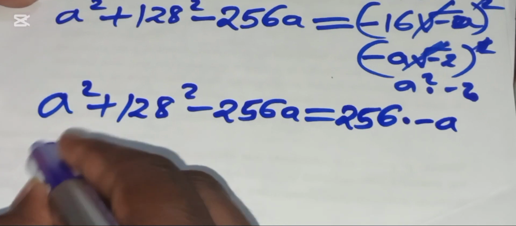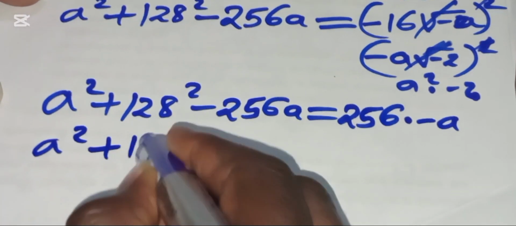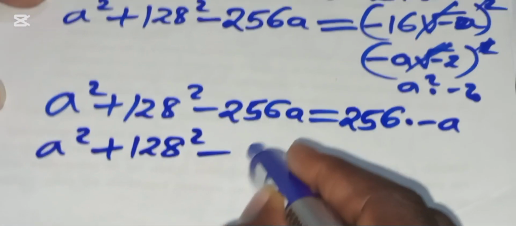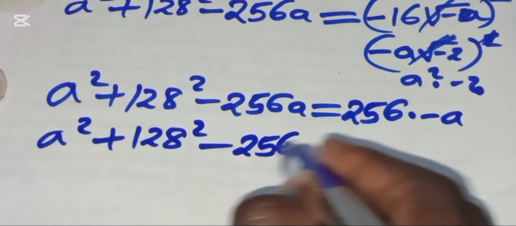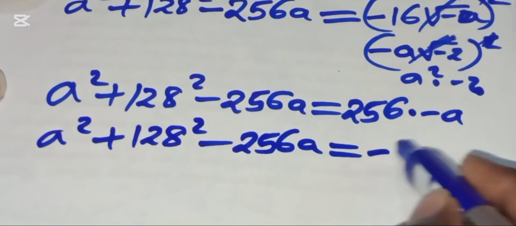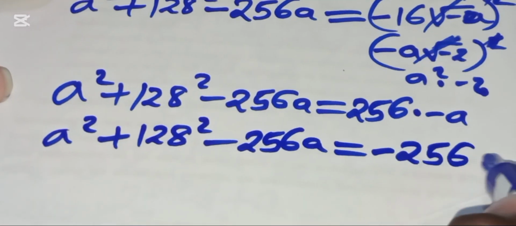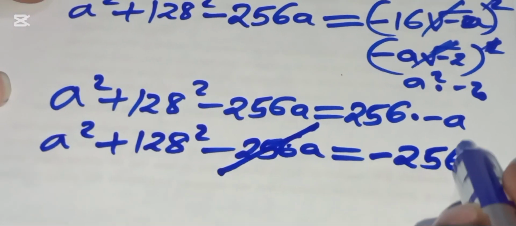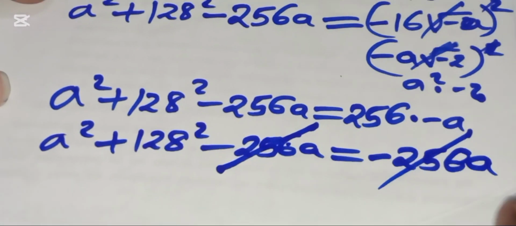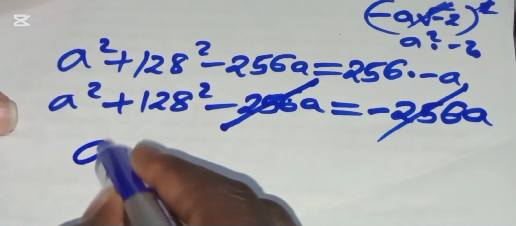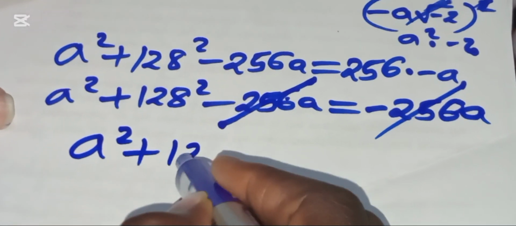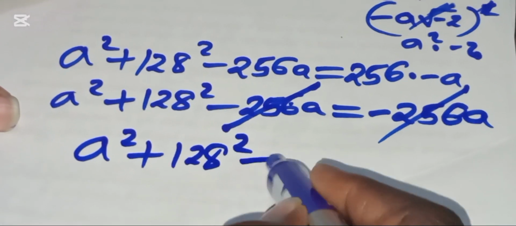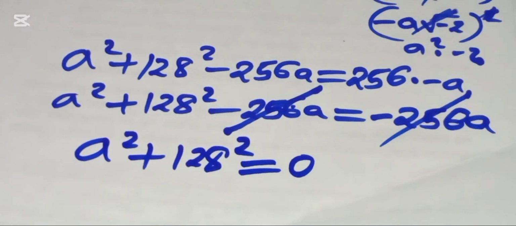So we'll have a squared plus 128 squared subtract 256a equals negative 256a. So the 256a simplifies, so that we'll have a squared plus 128 squared equal to 0.